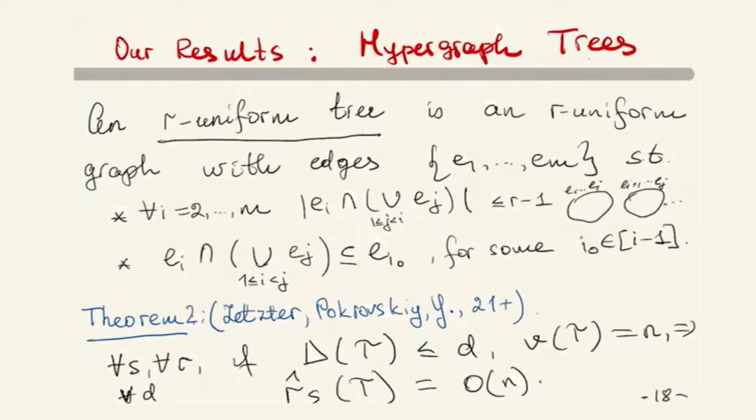Well, the ordering could just be ordering by leaves, right? You fix a root, and then you say, okay, the first is this edge, then I add this, and then I add this, and so on. I think you go by levels, and that should give you the ordering, because every time you add an edge, it only intersects one edge previously.